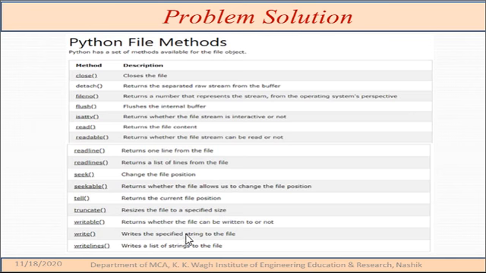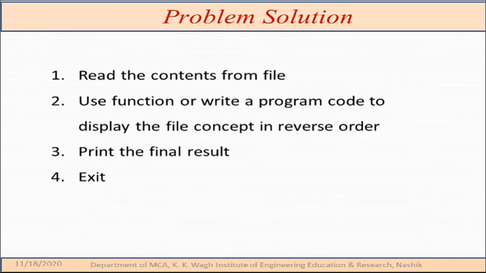Then writable returns whether the file can be written or not. Write writes the specified string to the file, and writelines writes a list of strings to the file. Likewise, we get different file methods, and by using these methods you perform whatever problem definition is given for this assignment.